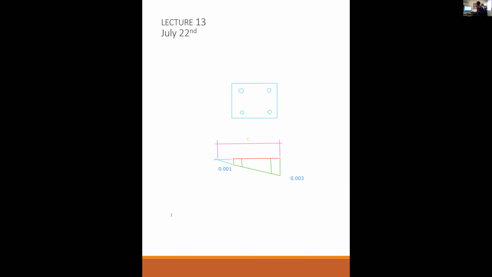But then here comes the next question. Where is little a? Where is the width of the compression block? Okay, so to do that, we say a is equal to beta 1 times c, right?